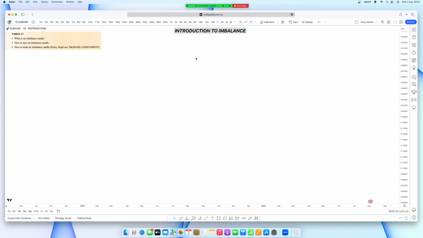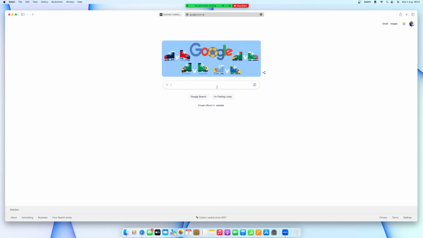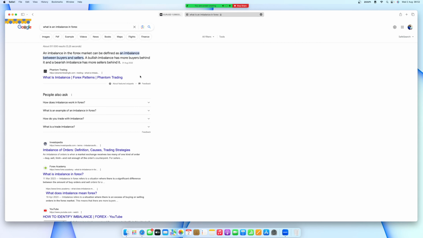And quickly, let's head over to Google and see what Google has for us. As regards the definition of what an imbalance is, before I give you my own understanding, we'll come to Google, and I've searched for it already: what is an imbalance in Forex, right?